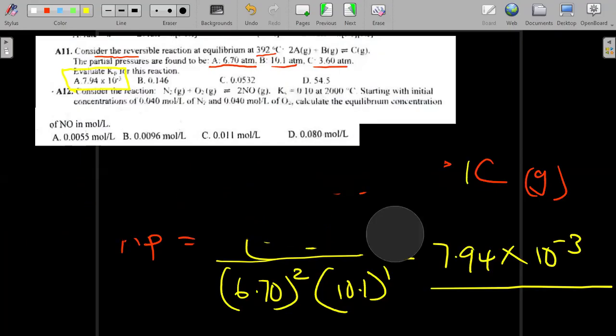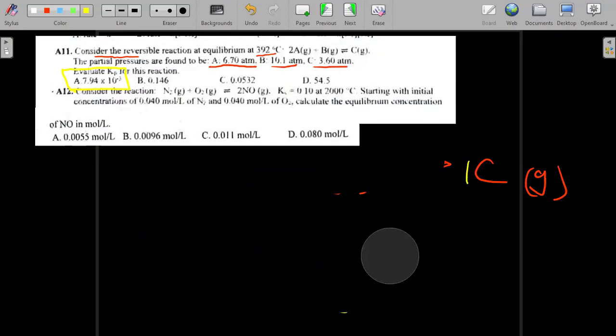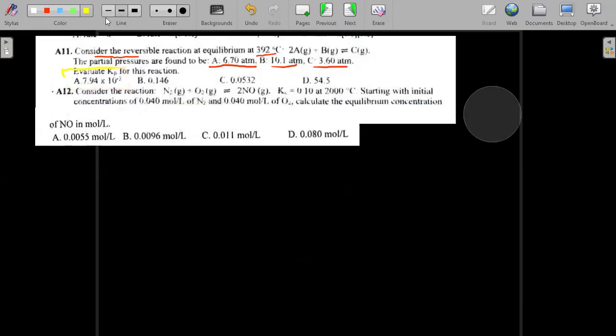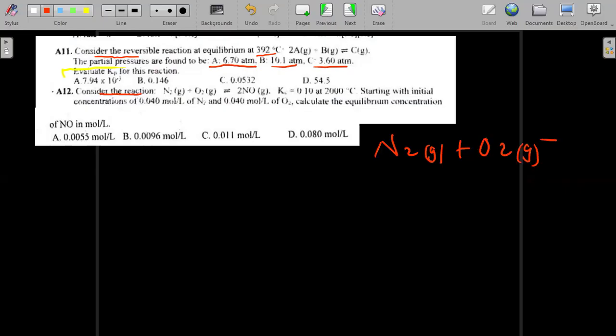So question 12, we are calculating the equilibrium concentrations, so it means we have to use the ICE table there. The question says, consider the reaction N2 in gases plus O2 also in gases, and this is producing 2NO, which is also a gas.